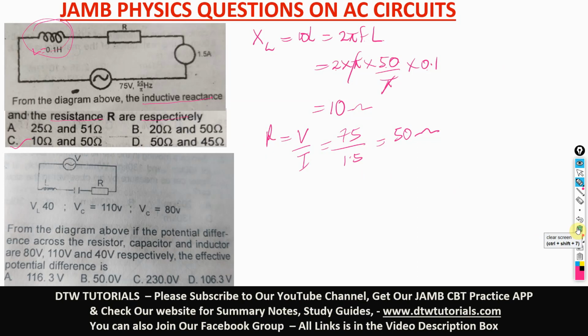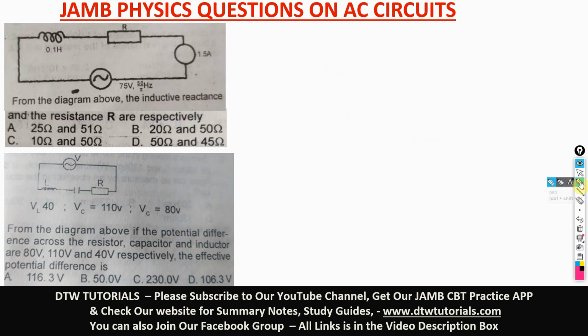Then let's quickly solve this. Let me clear here. For this one, it says from the diagram above, if the potential difference across the resistor, capacitor, and inductor are 80 volts, 110 volts, and 40 volts respectively, the effective potential difference is, so we're looking for the effective potential difference of this.